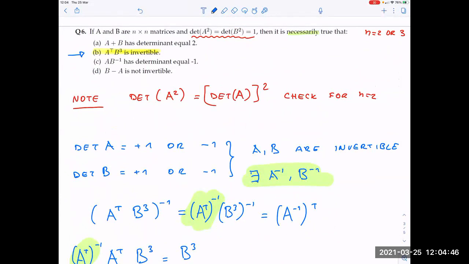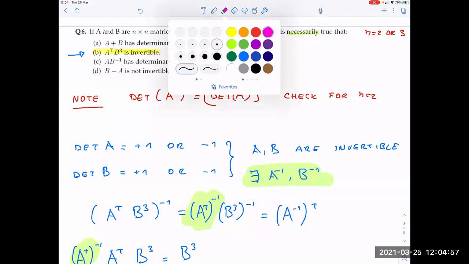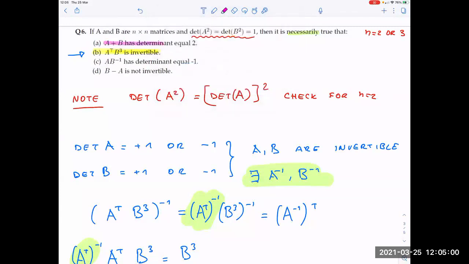But it's also a good idea to see, for example, why all the other options are false. That's a good exercise for you. So for example, this says that the determinant of A plus B is equal to 2.